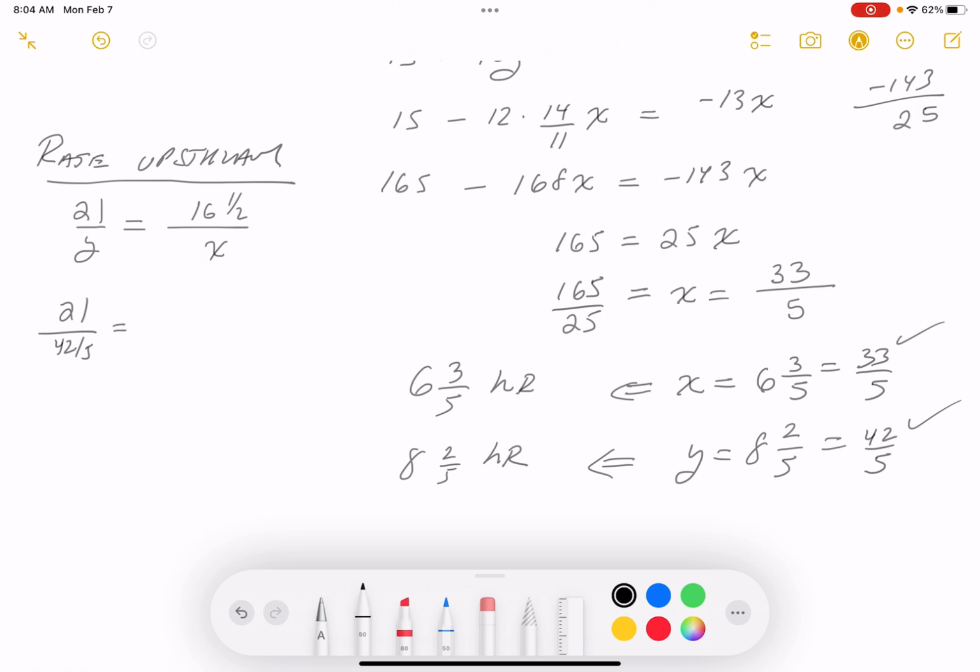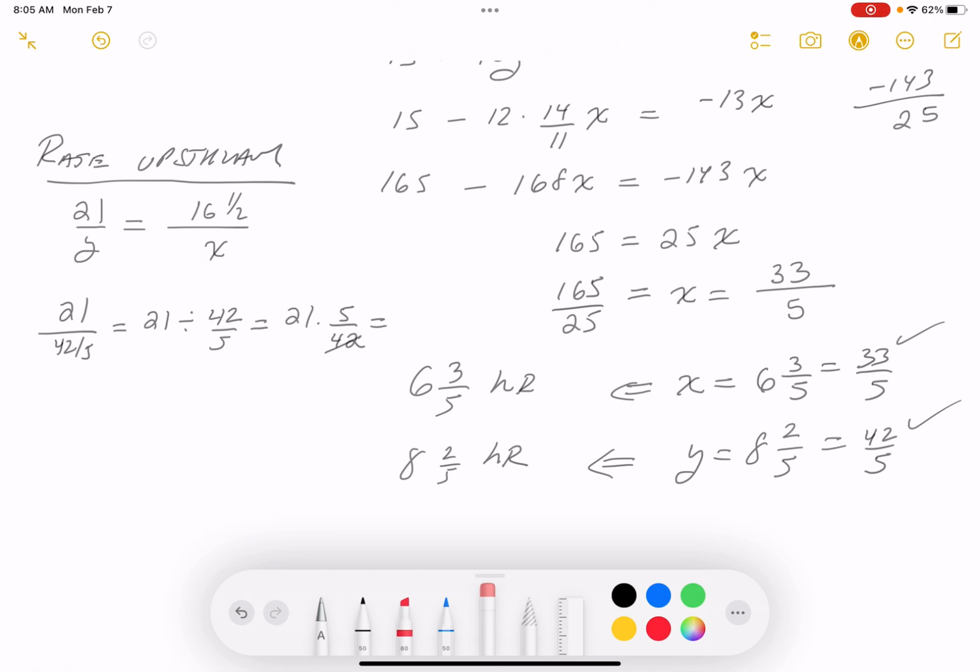I'm going to write it as 21 divided by 42/5, which is the same thing as 21 times 5 over 42. I'm going to reduce it, and we're talking about rate upstream, by using a factor of 3, and 3 goes into 42, 14.